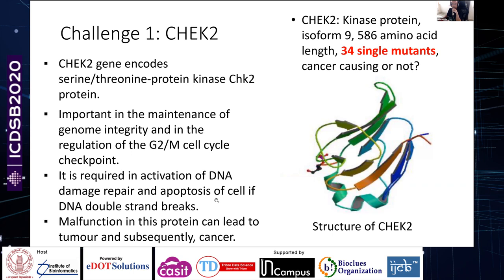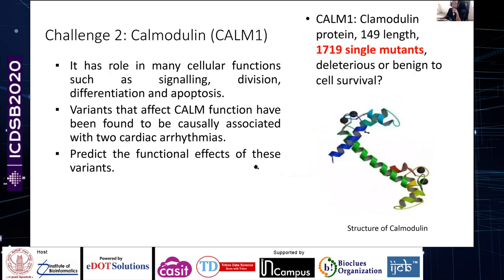This was known, and because this is a very important protein, it was given as one of the targets. The second target that was given to us was for calmodulin. This is a cell survival protein. And for this, again, the data was available from 1,719 patients. So we had data from so many patients.